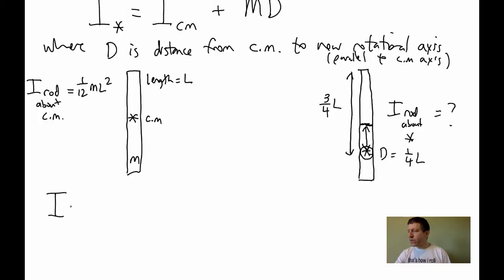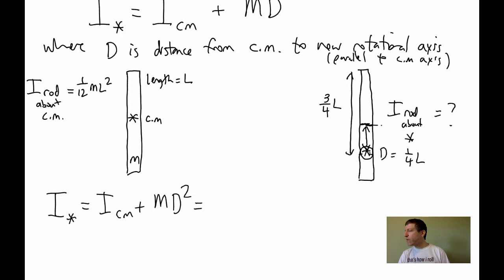I about any parallel axis equals I about the center of mass plus md squared. And we got to figure out what this distance is. Now notice that this is halfway. That's 2/4.